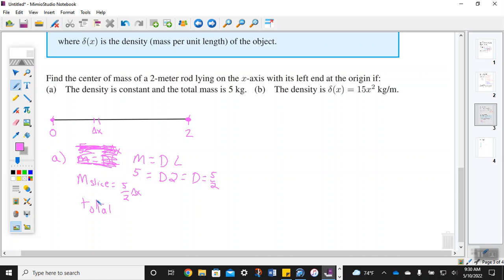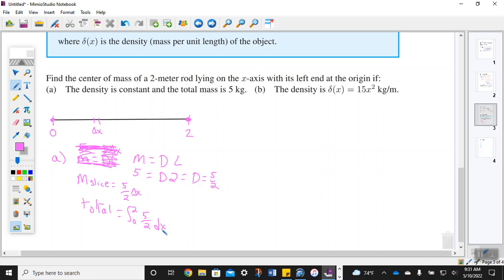ooh, that's a bad looking T. Total mass has got to equal the integral from what to what? 0 to 2 of 5 over 2 times, this will become what? dx, right? Well, we know the total mass there, right?